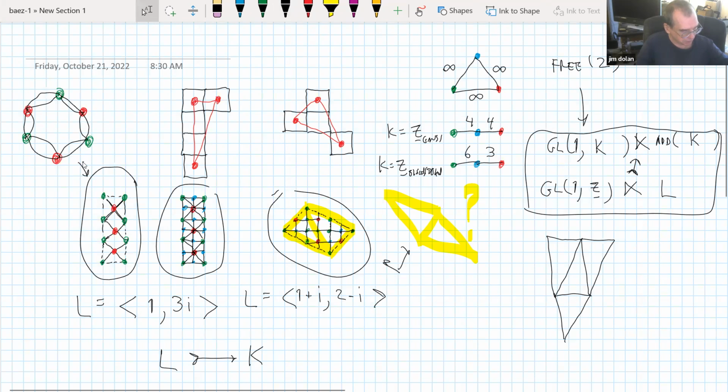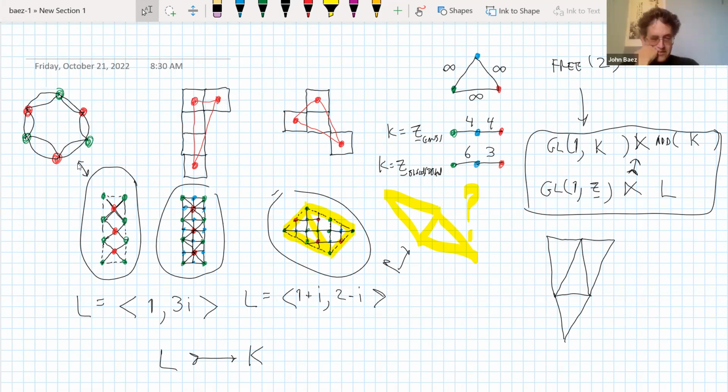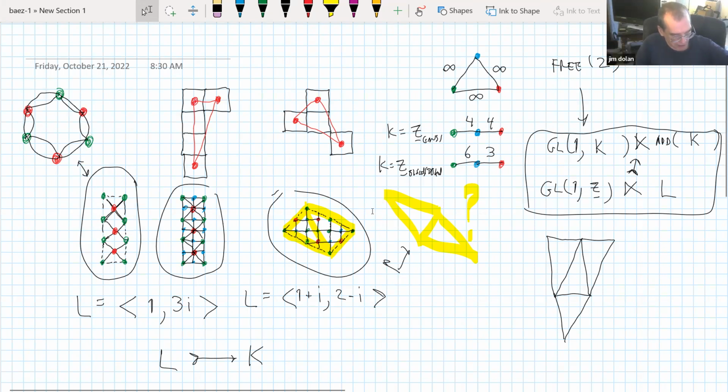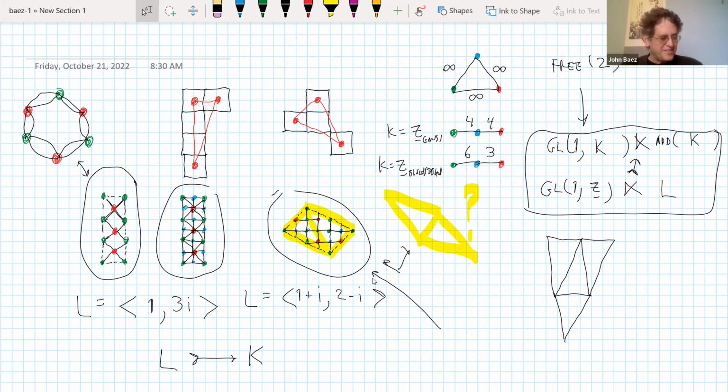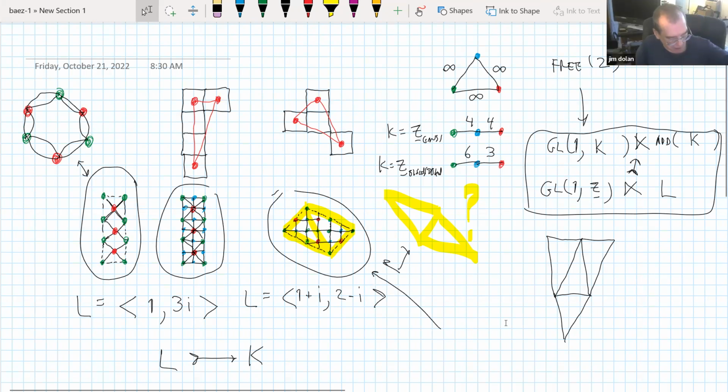Those are just ways of redrawing the same non-planar graph. You know, ignore the planar structure. But this other one over here has a different non-planar structure. Right. So what does this one end up looking like?